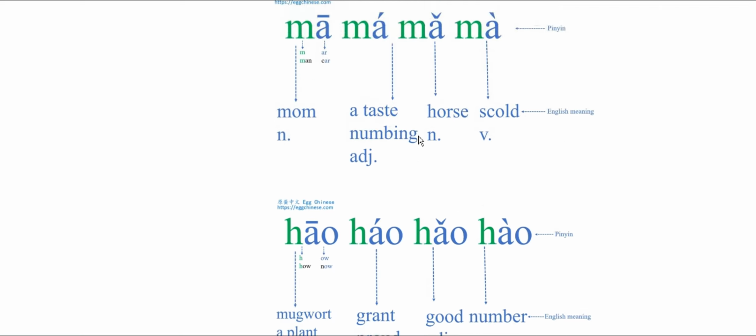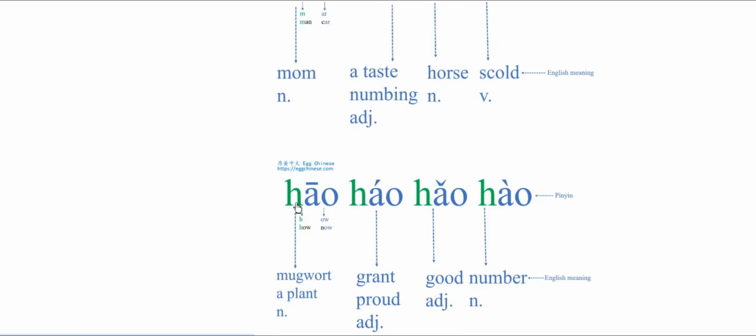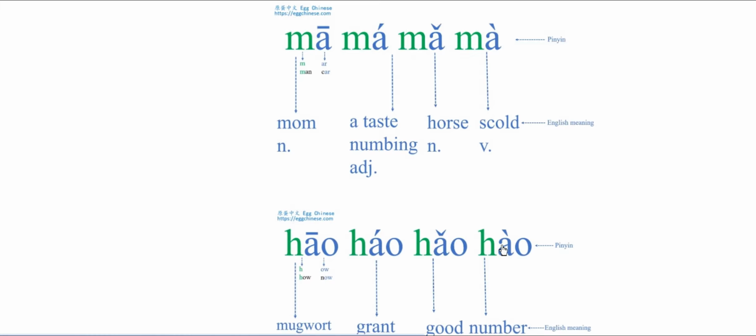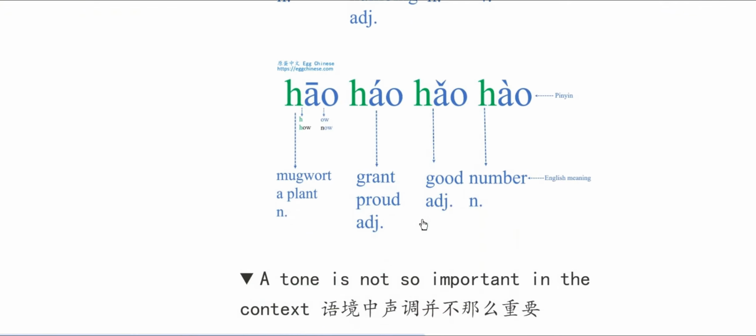So we can see for a single character, it may have the same pinyin but different tones, meaning different things or different meanings.